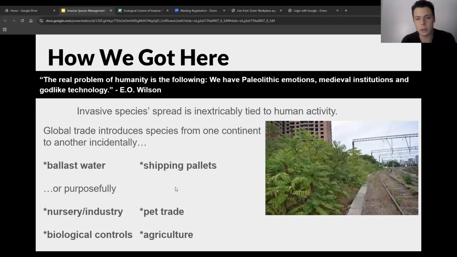And what we're doing as human beings, largely through globalization, trade, and travel, is making millions of these dispersal events happen every single day for the past 500 plus years.